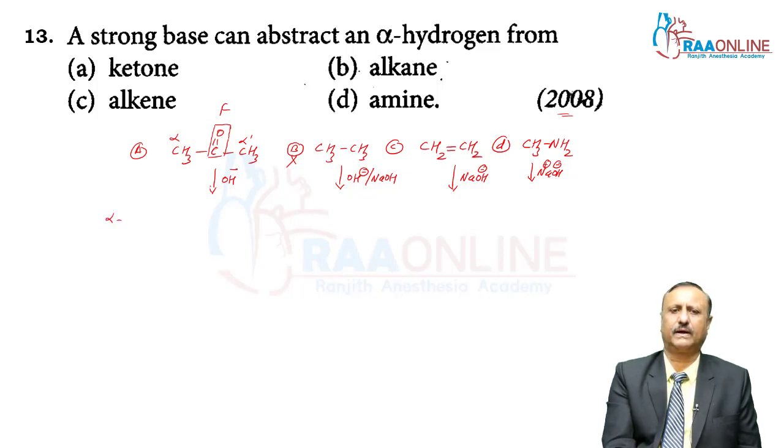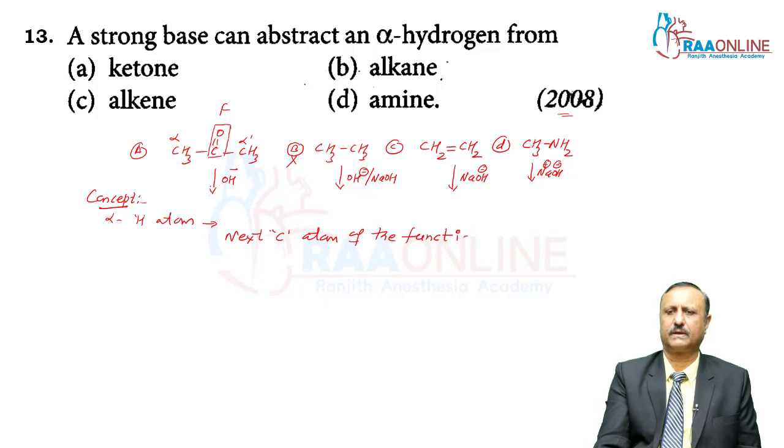This is also a concept. What is the alpha hydrogen atom? My dear students, the next carbon atom of the functional group is called the alpha carbon, and the hydrogen atoms on it are alpha hydrogen atoms.